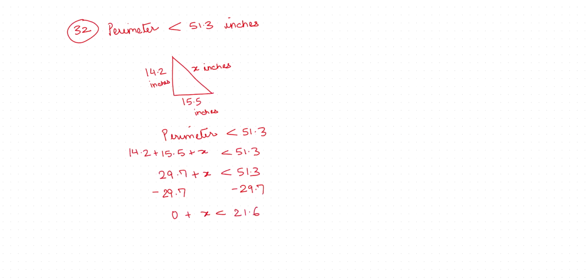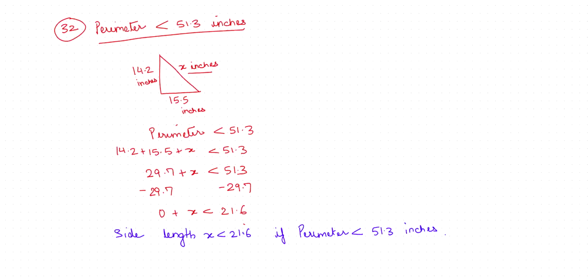So x has to be less than 21.6 if the perimeter has to be less than 51.3. So the side length x is less than 21.6 if the perimeter is less than 51.3, and of course it should be greater than 0, but right now the question is only asking this.